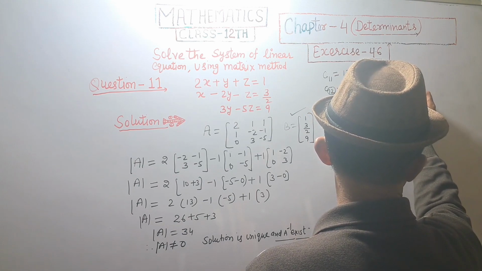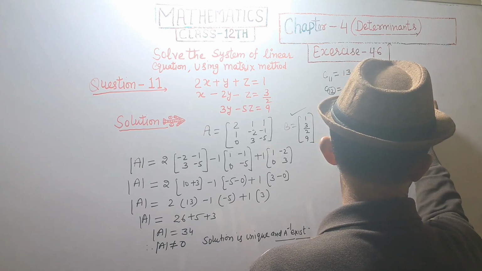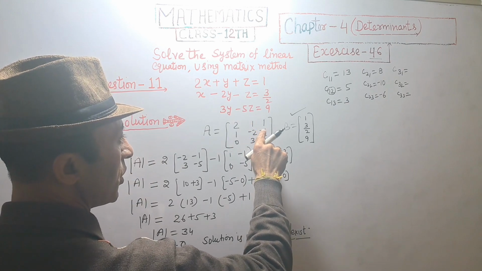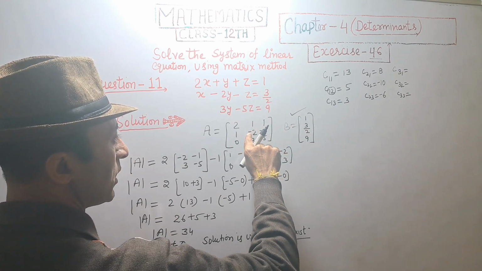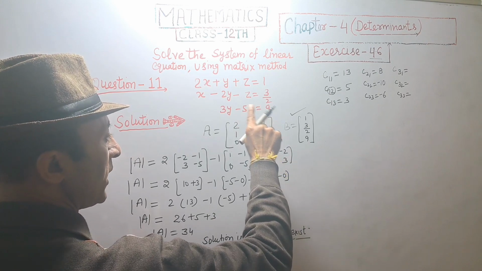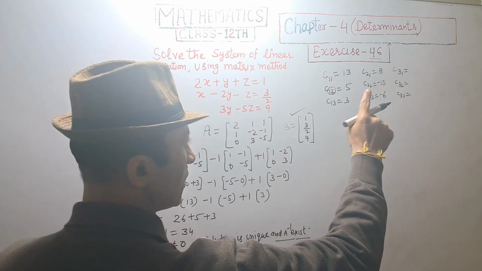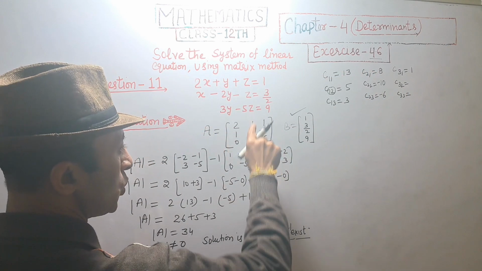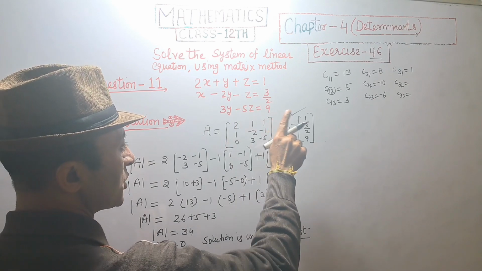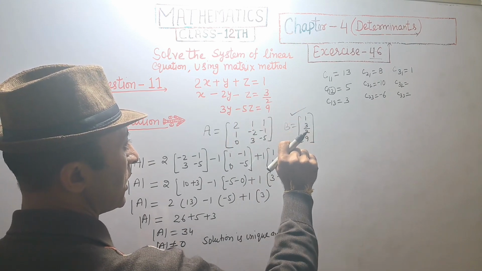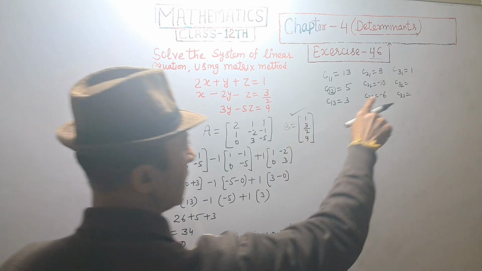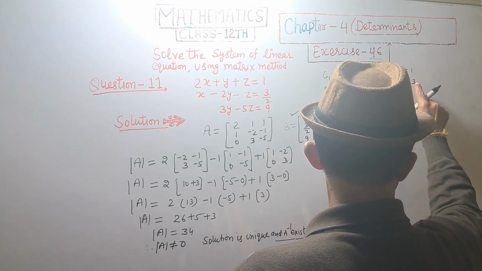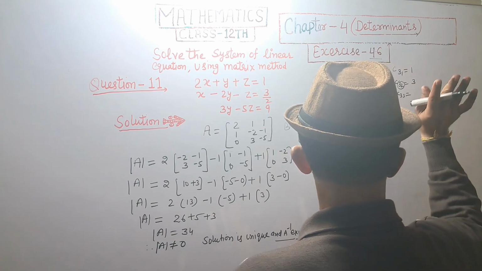Then C31, C32 and C33. C31 means third row, first column: minus 1 plus 2, that is 1. C32 is minus 2 minus 1, that is minus 3, and with the sign, minus times minus 3, that is positive 3.